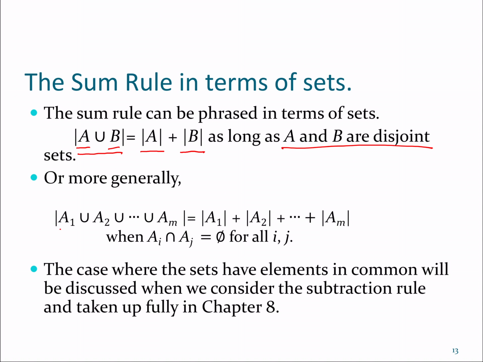For a larger sequence of sets, A1 to AM, where any pair of these sets are disjoint, the cardinality of the union is equal to the sum of the cardinalities of A1, A2, and AM, because any two of them are disjoint. If there are common parts between any two of the sets, then we're going to use a different rule, which we will introduce later.